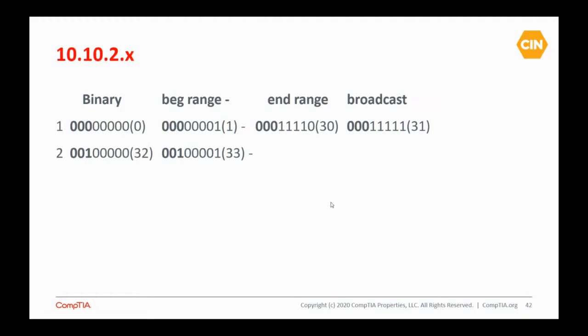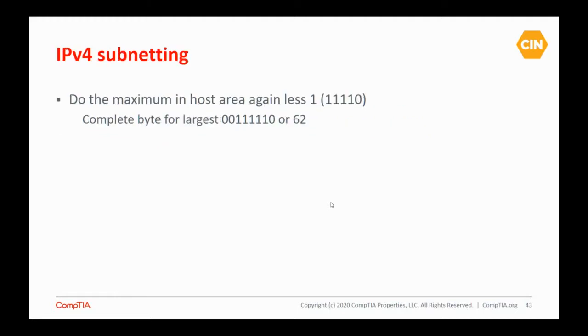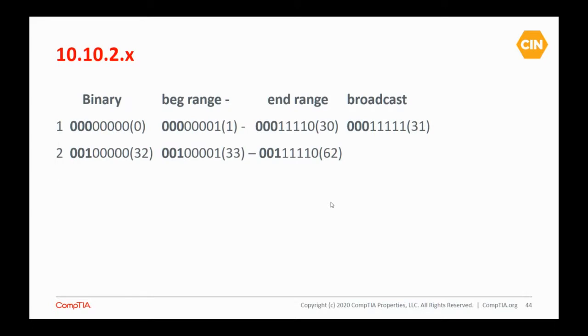And then we'll increase the next one. It'll be similar setup with the 0 0 1. And then we'll get the ending range by all ones minus 1 in the host portion. And so that becomes 62. The other part to notice right here too is that the network is always an even number.